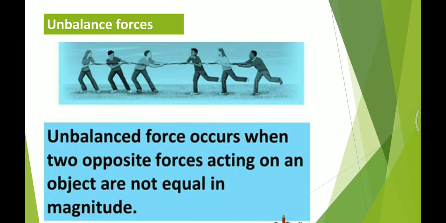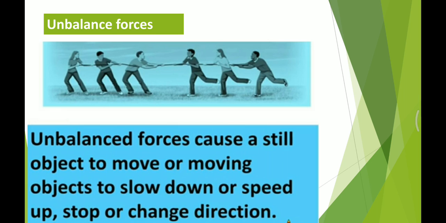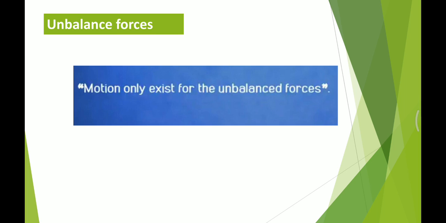Unbalanced forces cause a still object to move, or moving objects to slow down, speed up, stop or change direction. So finally we can say that motion only exists for the unbalanced forces. Let's summarize what we have studied.